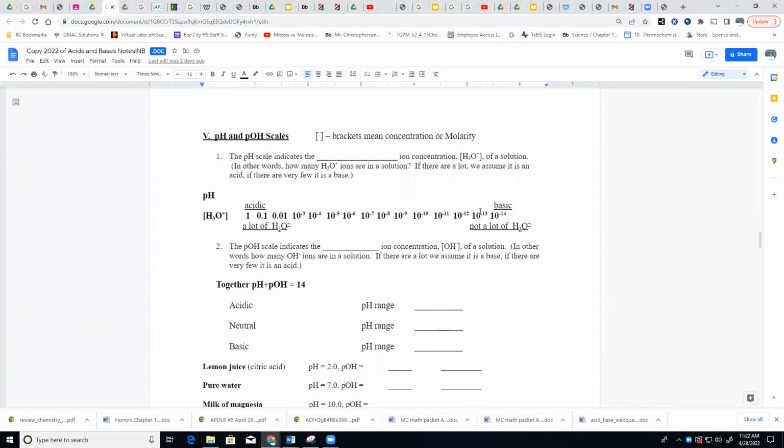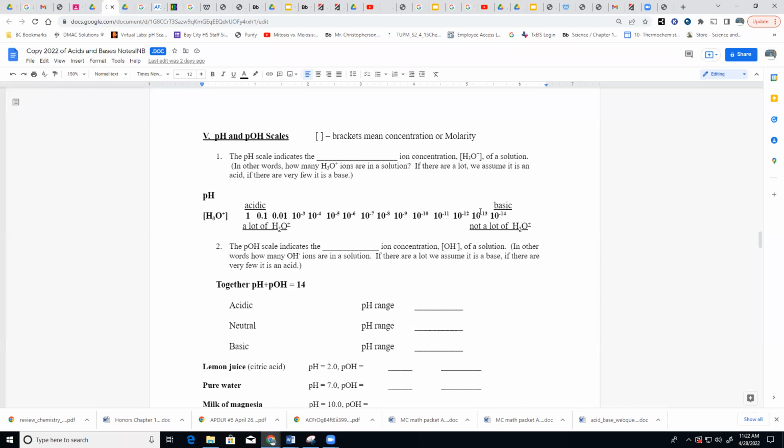All right. So we are going to get started talking a little bit more about the pH scale and the calculations that kind of go along with it. To start off with, if you see a number in brackets like that, that's telling you that it's the concentration of whatever you're looking at in molarity.